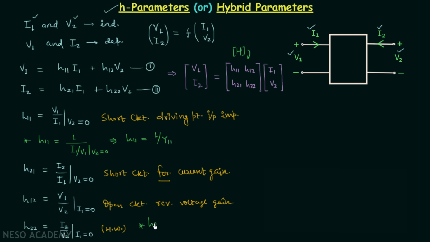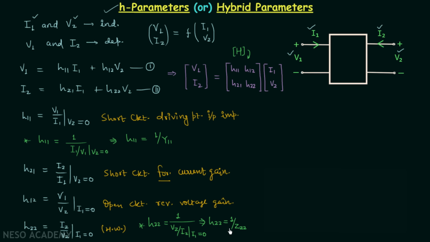We can write parameter H22 equal to 1 divided by voltage V2 divided by current I2 when current I1 is equal to 0. And in case of Z parameters, we saw that parameter Z22 is equal to V2 divided by I2 when I1 is equal to 0.